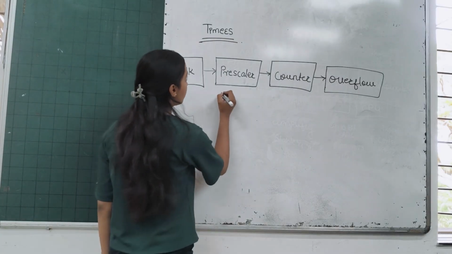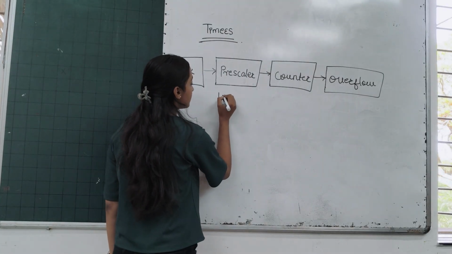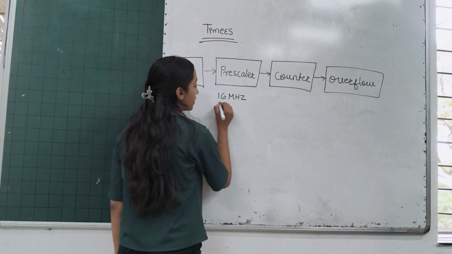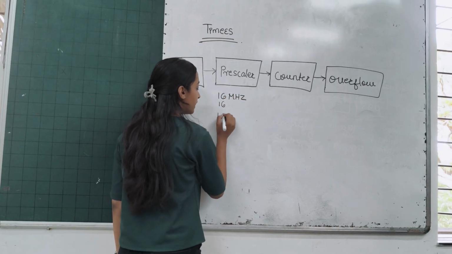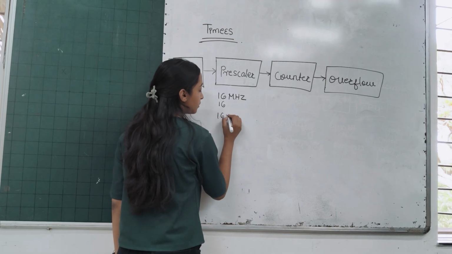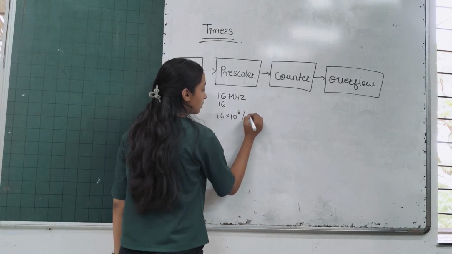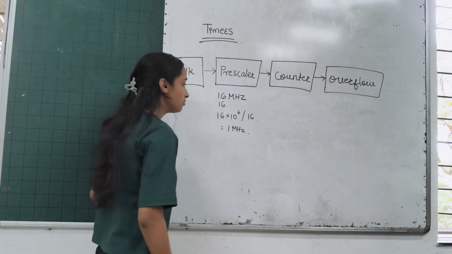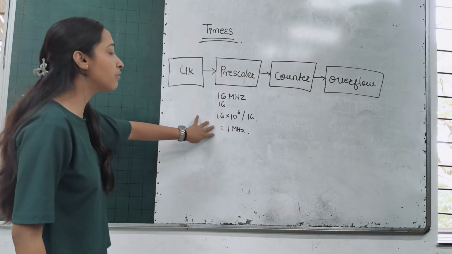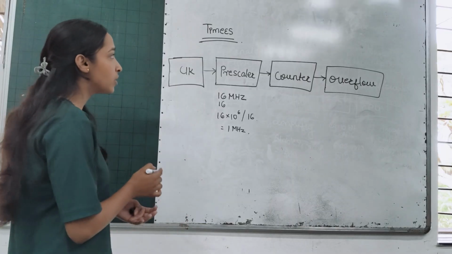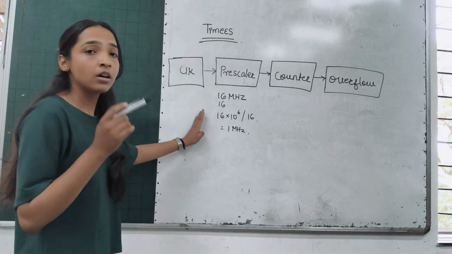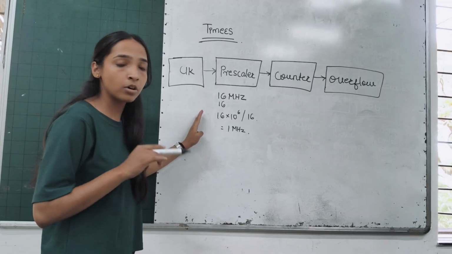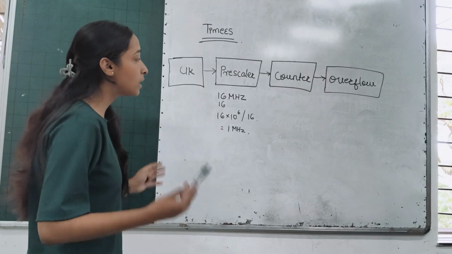For example, if the pulse frequency is 16 megahertz and the prescaler value is 16, it will divide 16 megahertz by 16, and the prescaler will give a value like 1 megahertz for generating the delay. So it will basically reduce the clock pulses for delay generation.